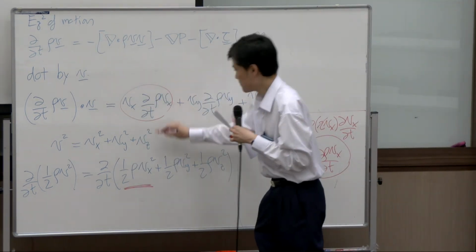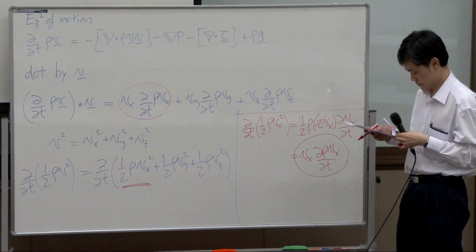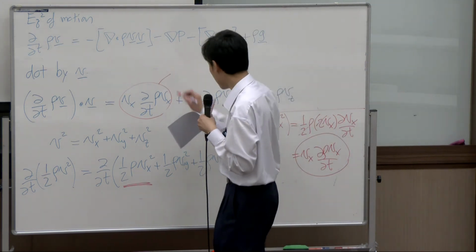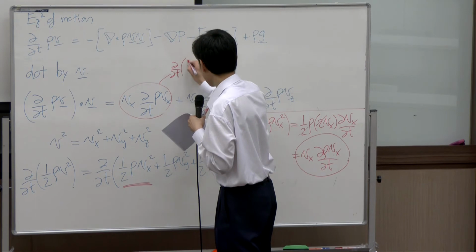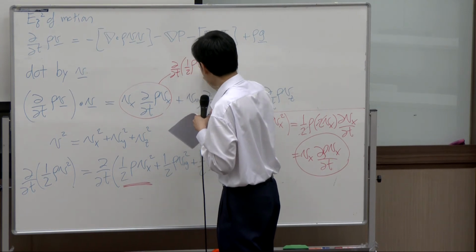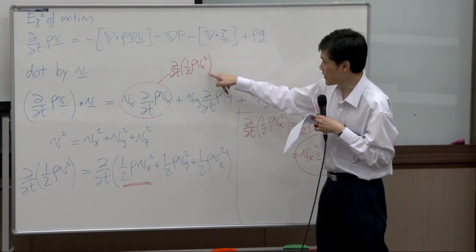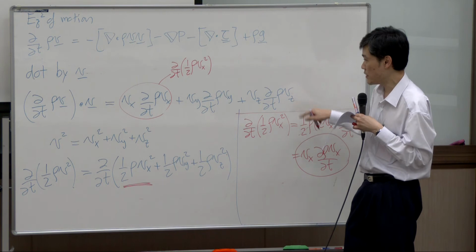And you see that this term and this term are exactly the same. So I can say that this part is basically d by dt of 1 over 2 rho vx squared. Of course, the second part will be the same thing except this one changed into vy, and this one will be vz.